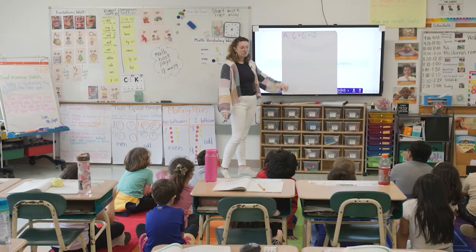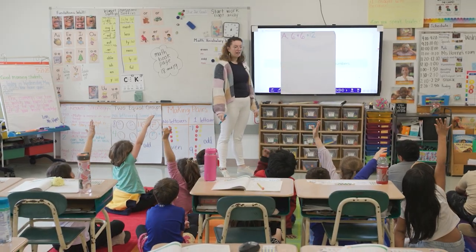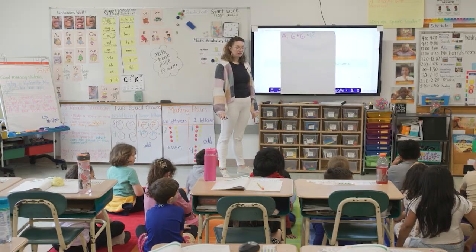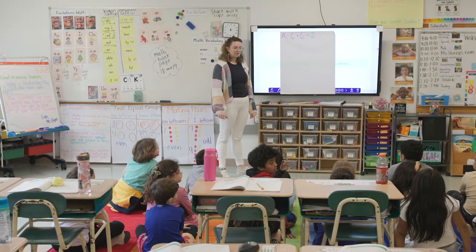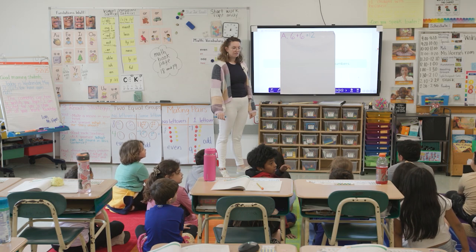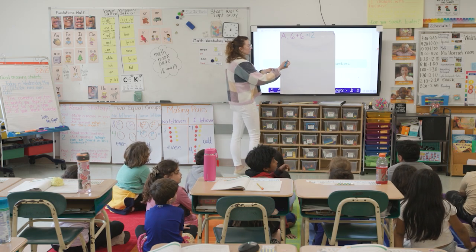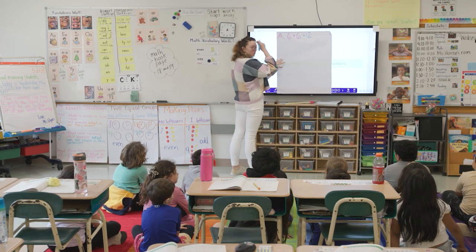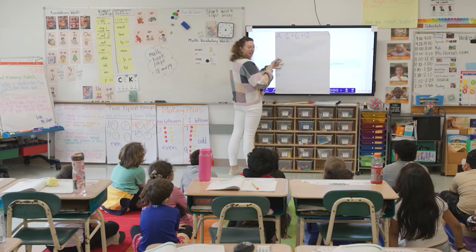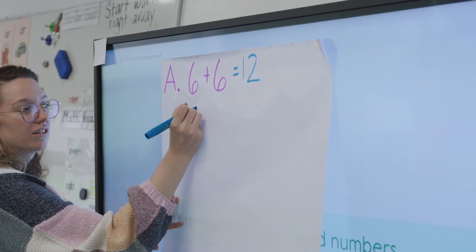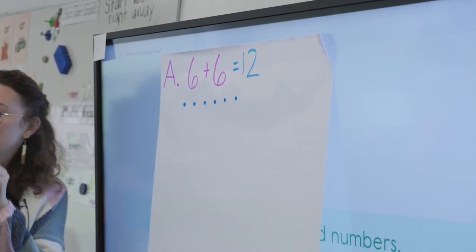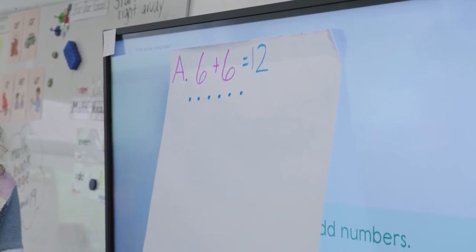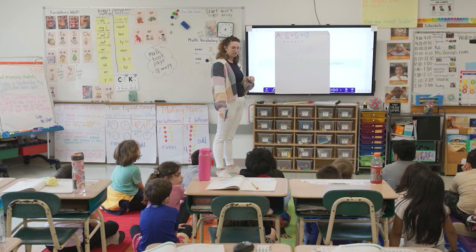Did somebody have a different strategy? I think Helen? I put 6 points and another 6 points. So you made a picture of some dots in your head like this. 1, 2, 3, 4, 5, 6. And then what did you do? Then I put another 6.